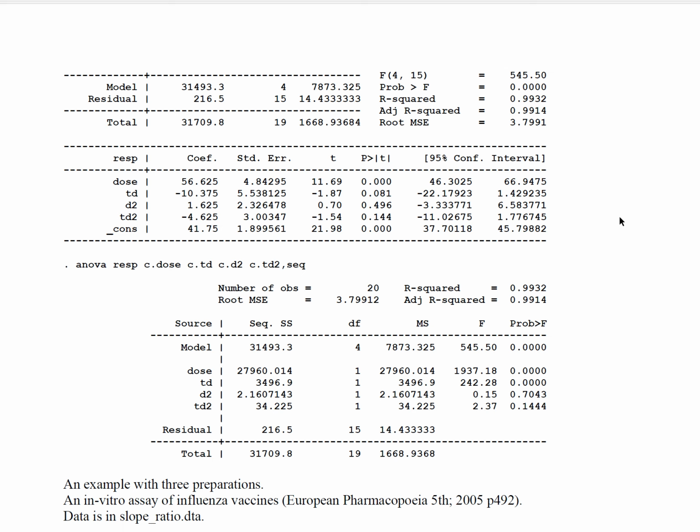If you are interested in exploring the possibility of slope ratio models and the whole large topic of models that are not hierarchically well formulated, and the rationale for them, that can be very crucial and can be very important in some statistics and some epidemiology.